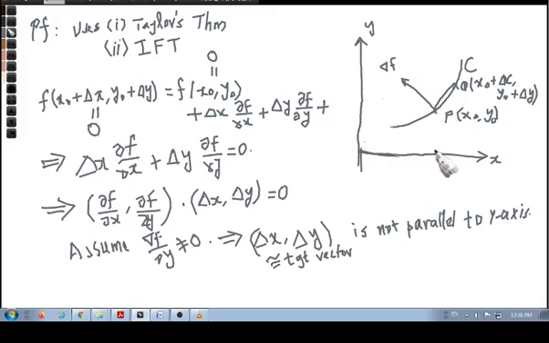This is the point x naught, this is the point y naught. For each point x near x naught, you draw a line parallel to the y-axis that will meet the curve at some other point (x, y).